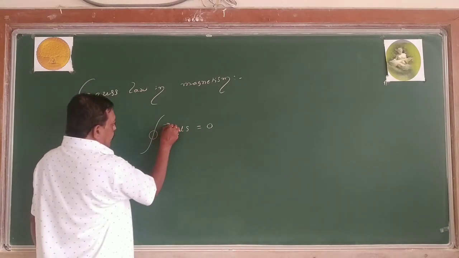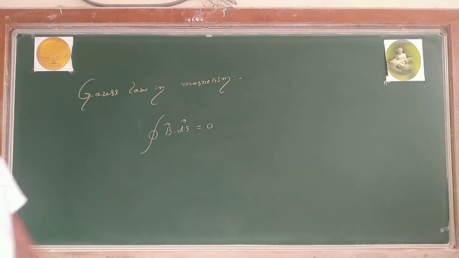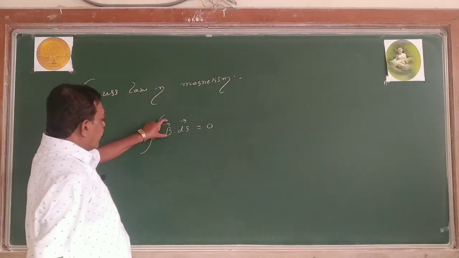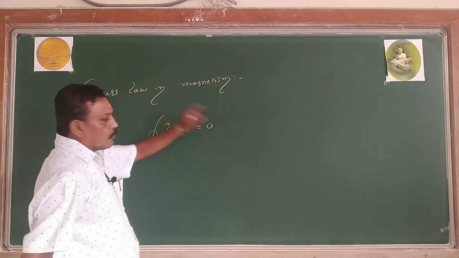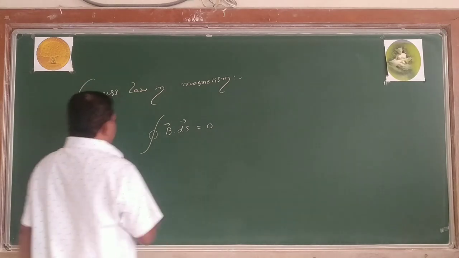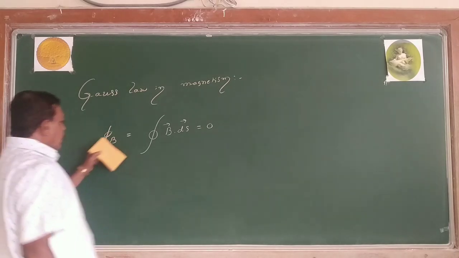These are vector quantities. The surface integral of the magnetic field through any closed surface is equal to 0. That is nothing but the magnetic flux through any closed surface being equal to 0, that is phi B.